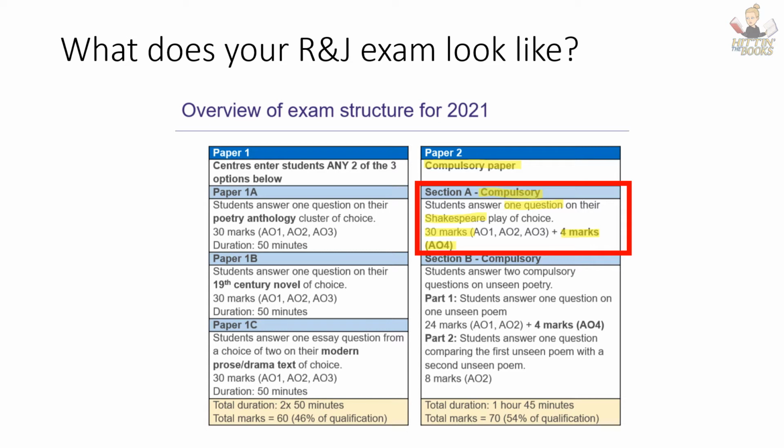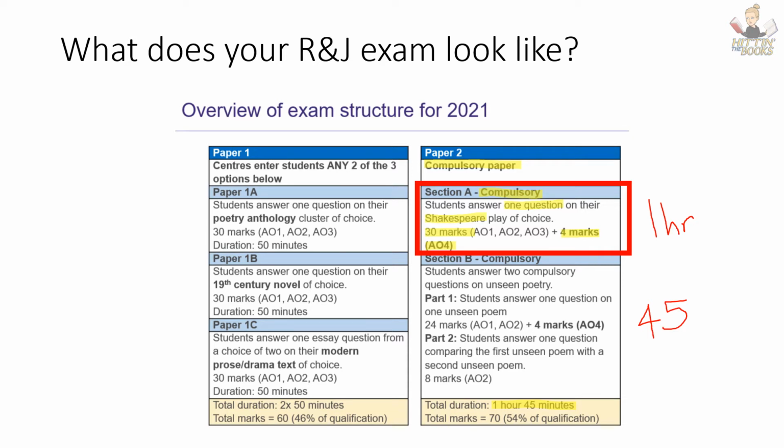The time that you should be spending on your total paper is 1 hour and 45 minutes. On your Shakespeare question, you will be spending probably about an hour, and that includes your thinking and planning time, which leaves you with 45 minutes for the other section.